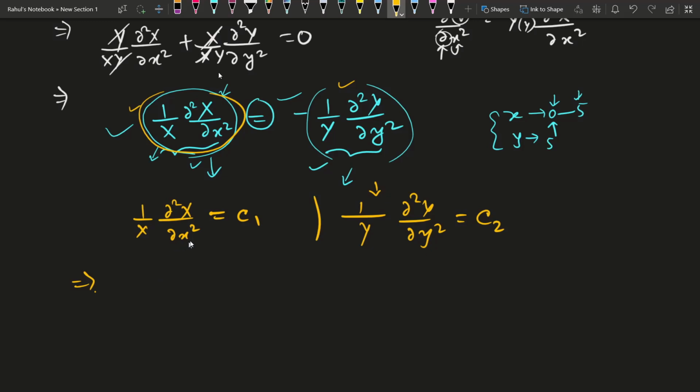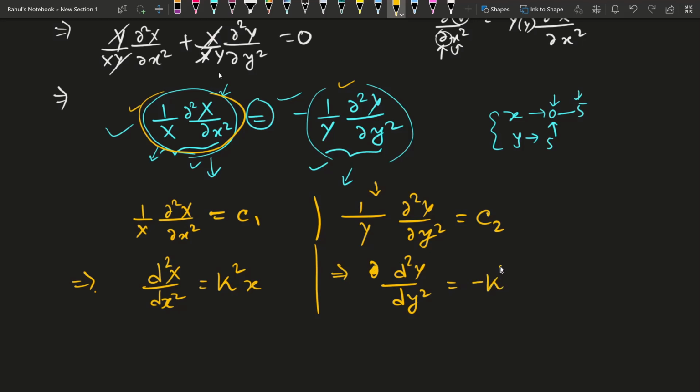Now there is only one variable, so I can write it as a total differential: d2X over dx square equals c1 into X. Let c1 be equal to k square, some constant, into X. And what about this? d2Y over dy square becomes minus k square.